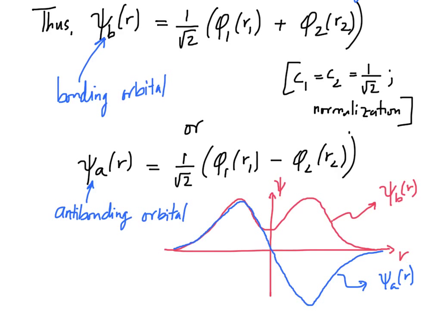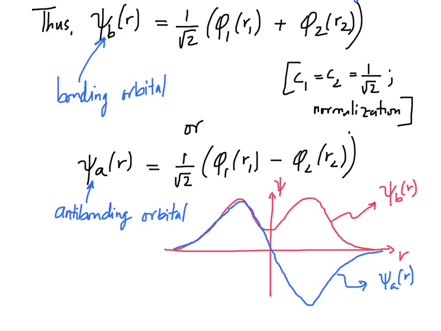Okay, so now we understand why we call these two solutions for the wave function, the two molecular orbitals, bonding and anti-bonding. One of them was bonding, the other was anti-bonding. We now understand physically why we chose that nomenclature. What is the next step? The next step is very simply evaluating the energy. So now we have the wave functions.